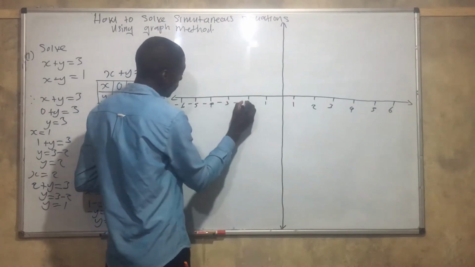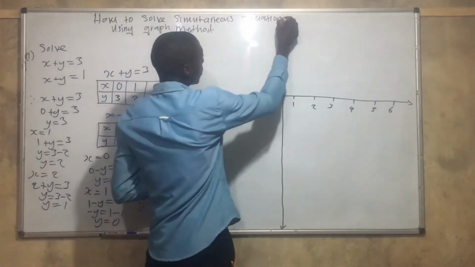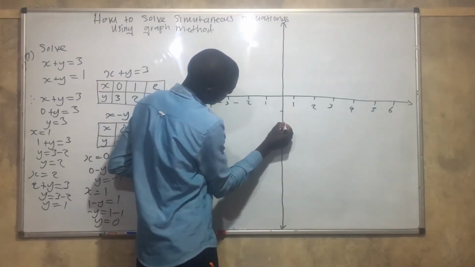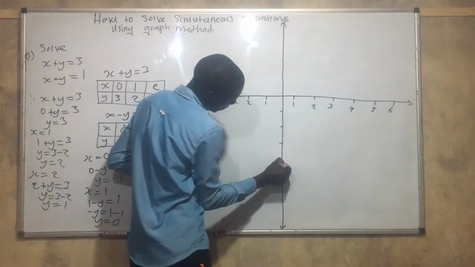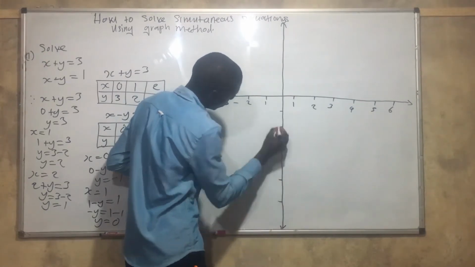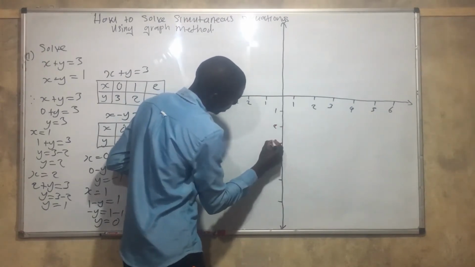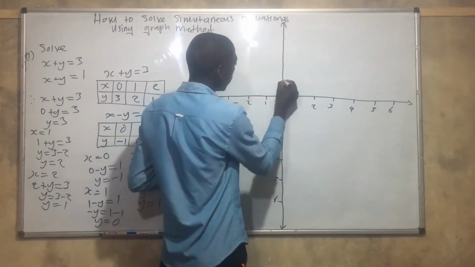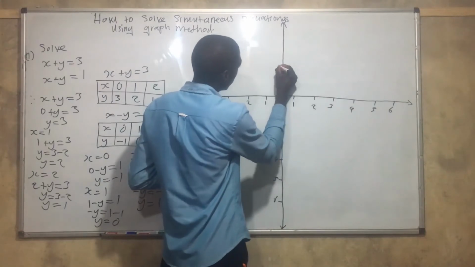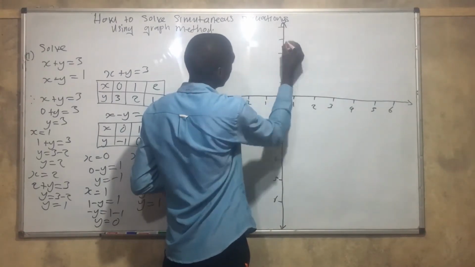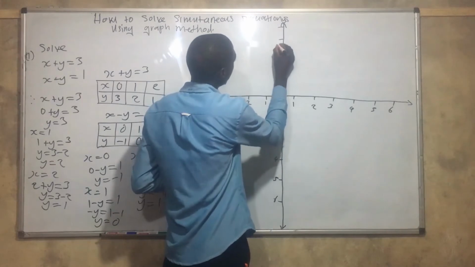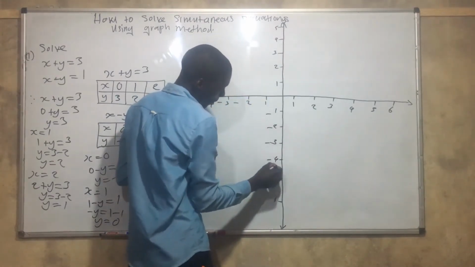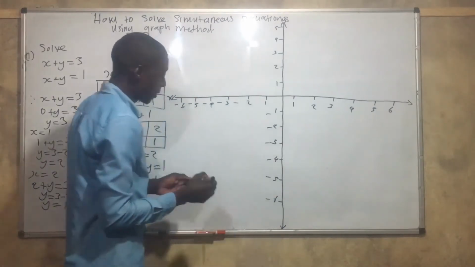These are the negative, this is the x-axis, then this is the y-axis. So this will be 1, 2, 3, 4, 5, 6, then 1, 2, 3, 4, 5. Then these are the negative numbers in the y-axis.